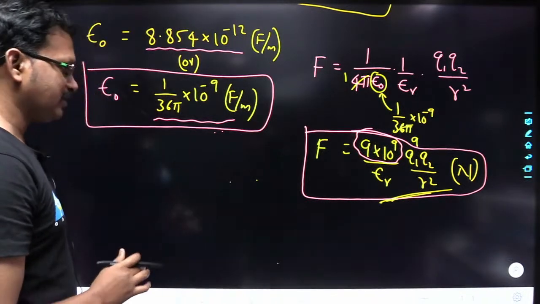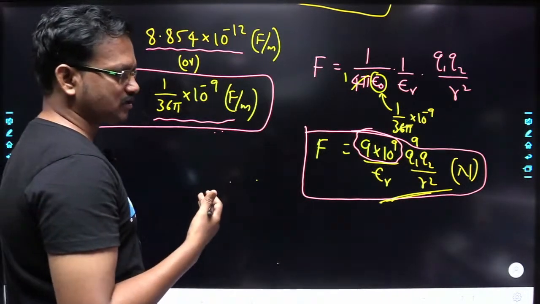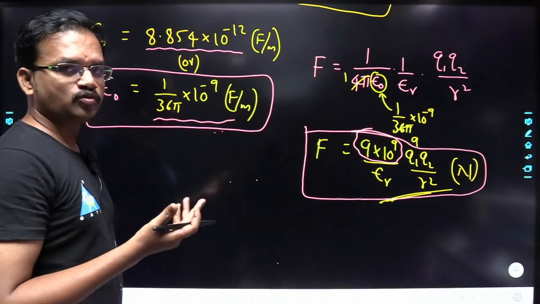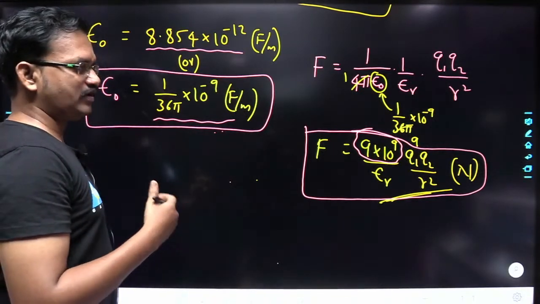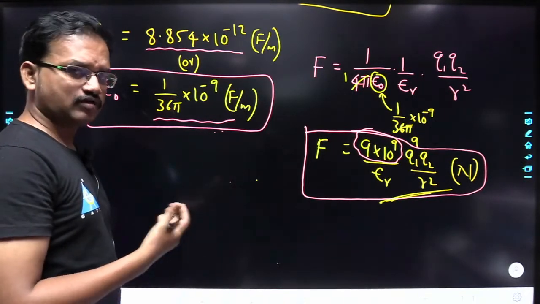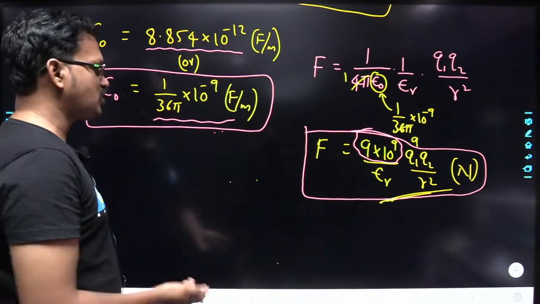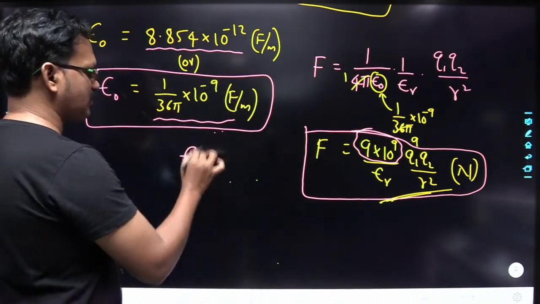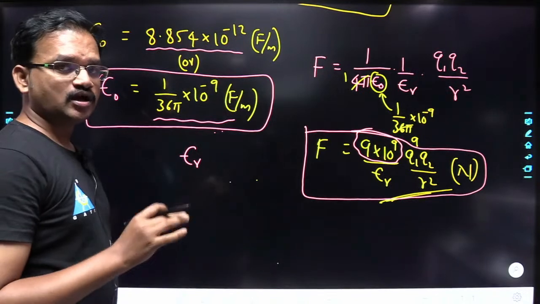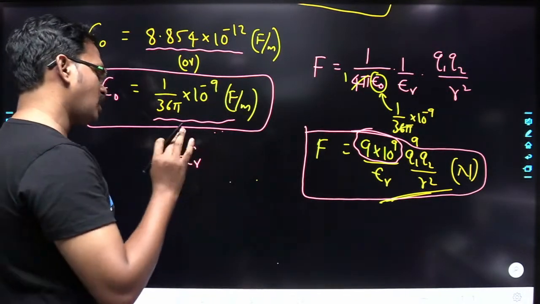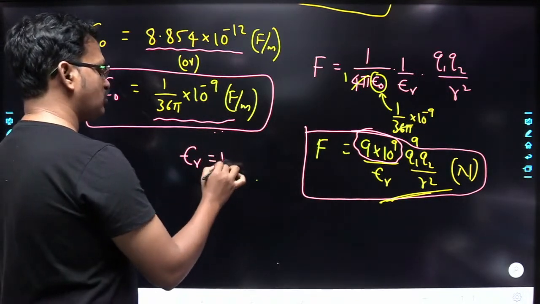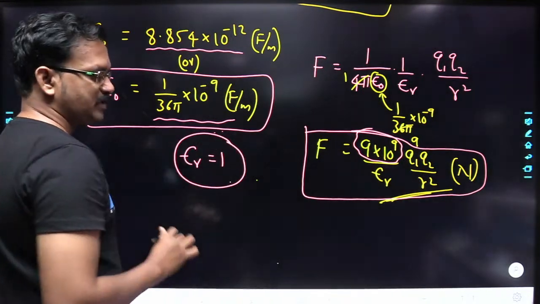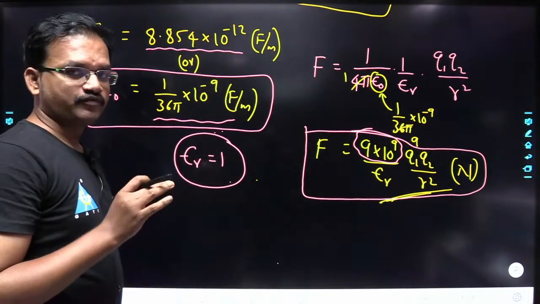Generally, whenever they ask to determine the force between any two point charges, or the electric field or whatever it may be, if they have not mentioned anything about relative permittivity, then assume relative permittivity as equal to 1. That means you assume the medium as free space.